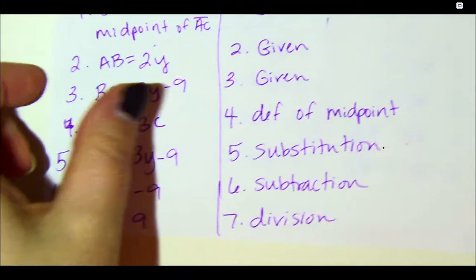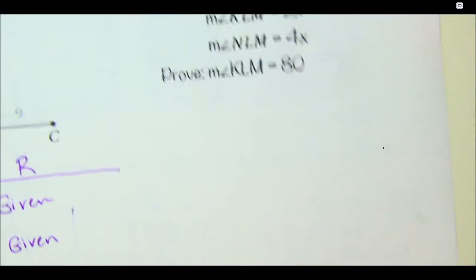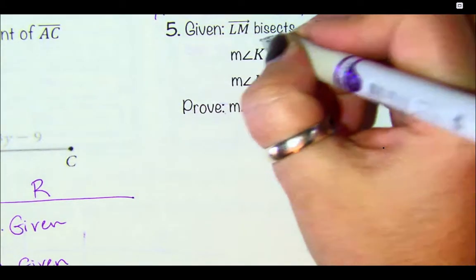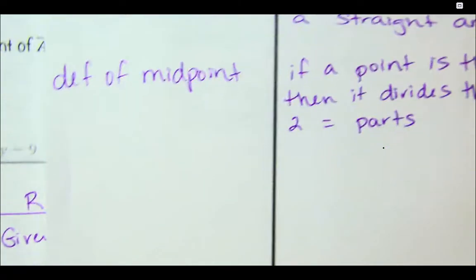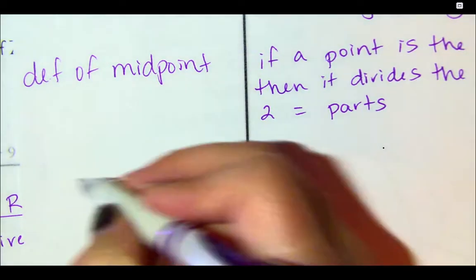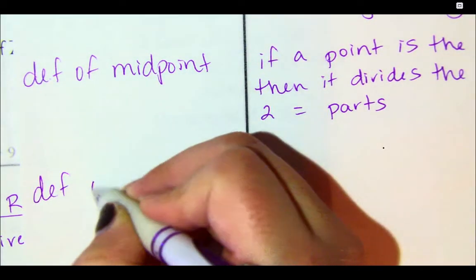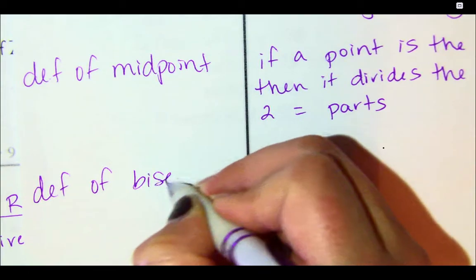Okay, the last proof is almost identical, but it's an angle instead, and it uses the word bisect instead of midpoint. Same exact idea, it's just an angle. So let's add that to the chart really quick. Definition of bisect.